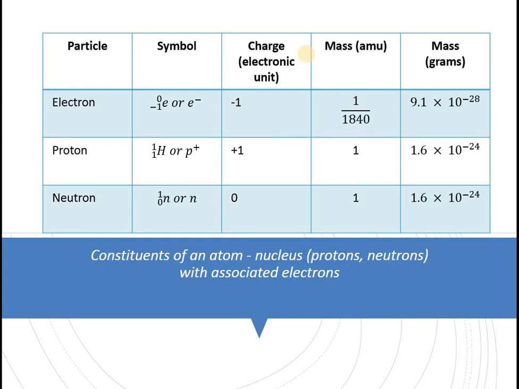The three subatomic particles of great importance in understanding the structure of an atom are electrons, protons and neutrons. The properties of electrons, protons and neutrons are given here in the table.